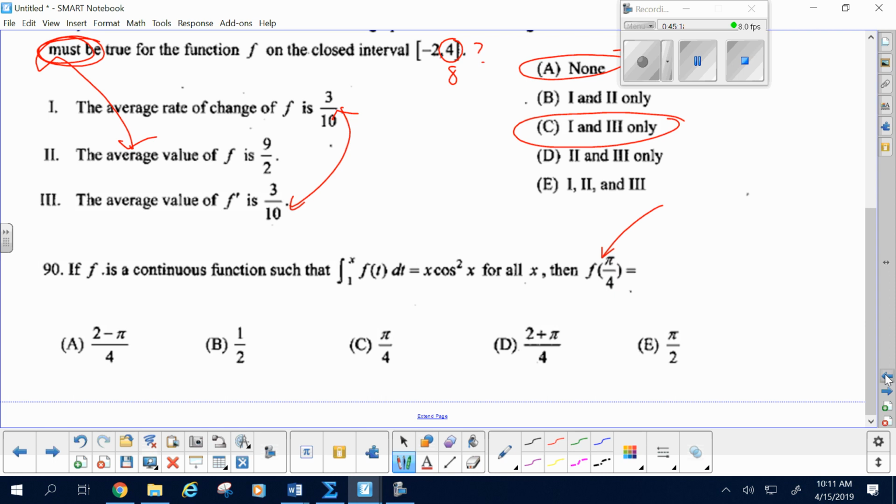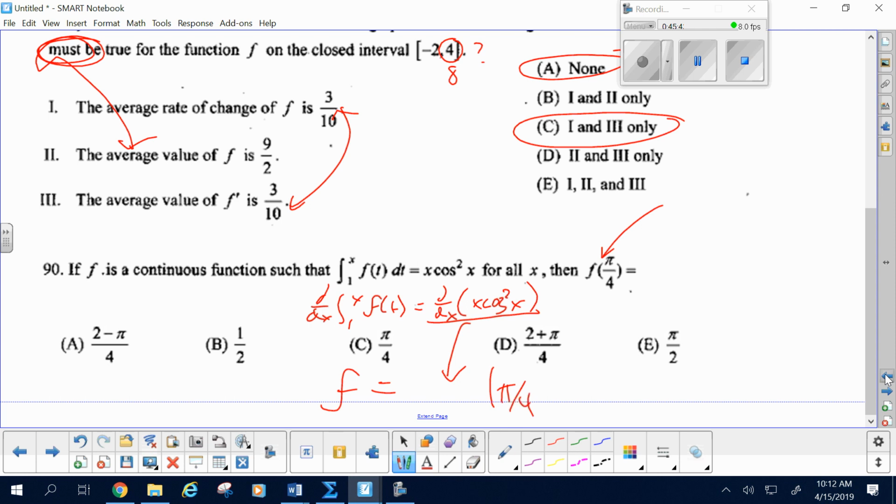A derivative. If you took the derivative of both sides, then you get f is the derivative of that. If you just did that at pi over 4, then boom, you're on your way. So take the derivative of both sides.